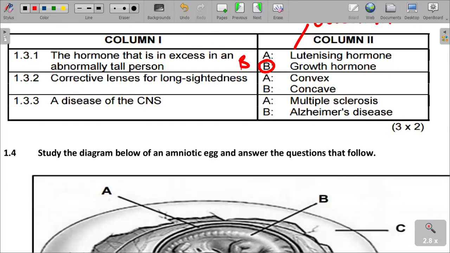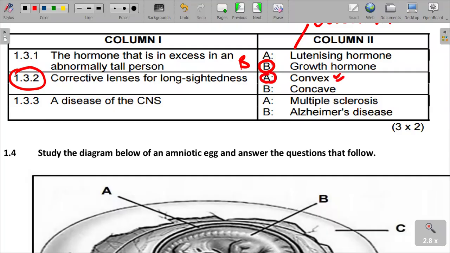And then corrective lenses for long-sightedness. Long-sightedness is corrected by convex lenses. I have also seen in the question paper here that we are going to talk about ways of correcting visual defects. So long-sightedness, we talk about a person who has to use convex lenses.